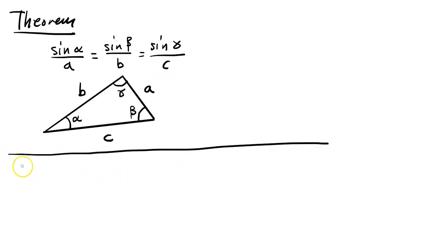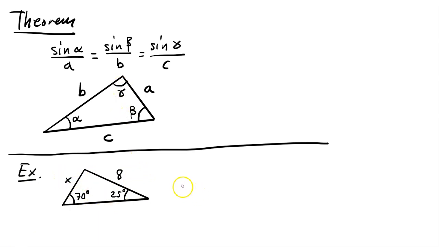So let's take an example. Let's say we have this figure. Now we want to find out what x is. Then we can use this theorem. The involved sides and angles are these two and these two. So if we take sine of 25 degrees and divide that by x, then according to this theorem that should be equal to sine of 70 degrees divided by 8.